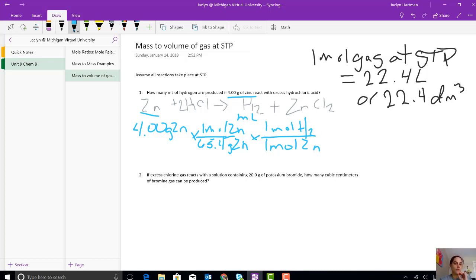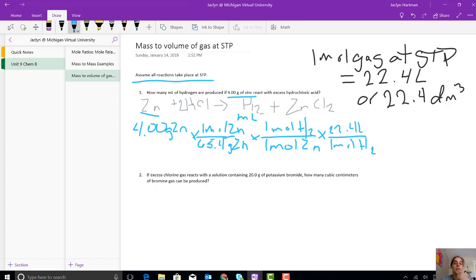Now, here's the step that's different from the last set of problems. Last time, we would have taken those moles of H2 and gone to grams. We're not going to do that this time. Check out your mole roadmap. You can go from moles of a gas to volume of gas at STP, and that's what we're going to use here. I'm going to use that relationship that 1 mole of any gas at STP, because up here it says assume all reactions take place at STP, is equal to 22.4 liters.